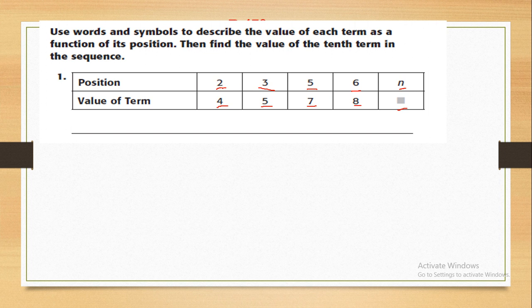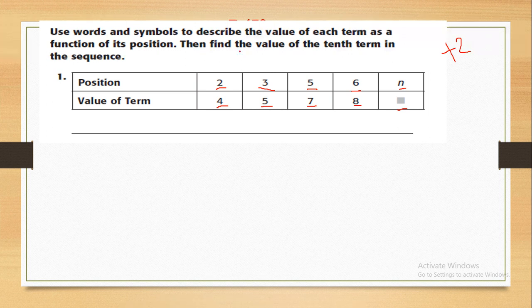If you look carefully, 2 became 4, 3 became 5, 5 became 7, 6 became 8. So here we can do plus 2, right? So 2 plus 2 is 4, 3 plus 2 is 5, 5 plus 2 is 7, 6 plus 2 is 8. And the n will be n plus 2. So here we will write n plus 2, okay?